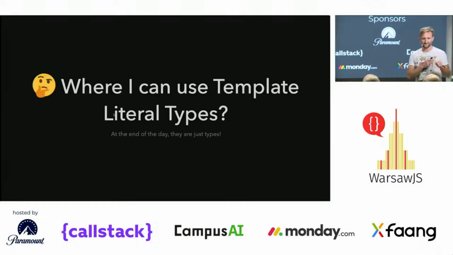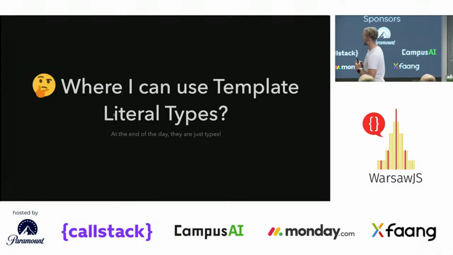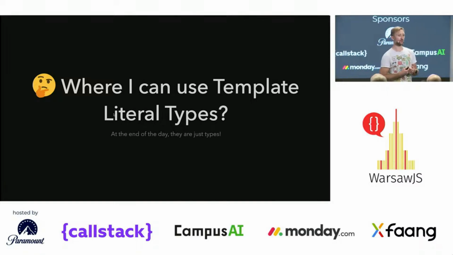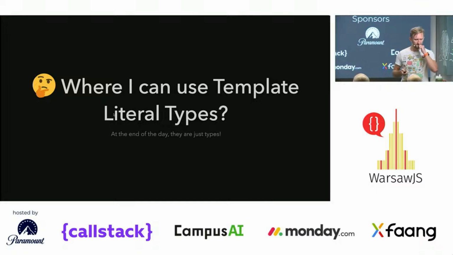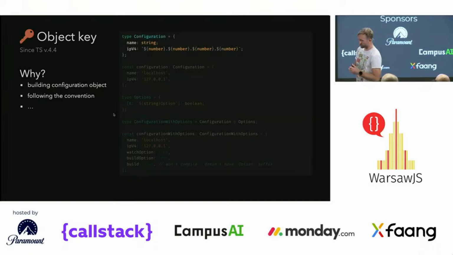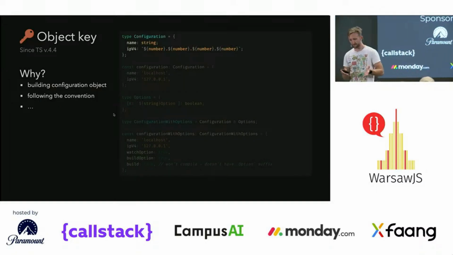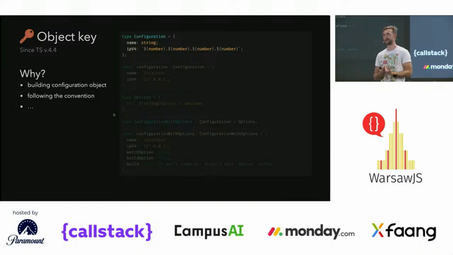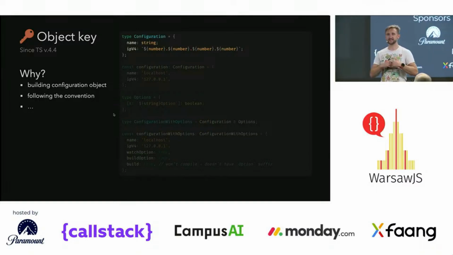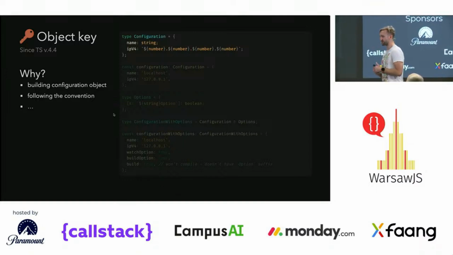But let's get back to the template literal types, where we can use them in our applications, how we can leverage it. At the end of the day, they are just types which should help us. So imagine this case. You're creating some app which includes setting up a server, setting up a service. It has the name, it has the address in IP version 4.